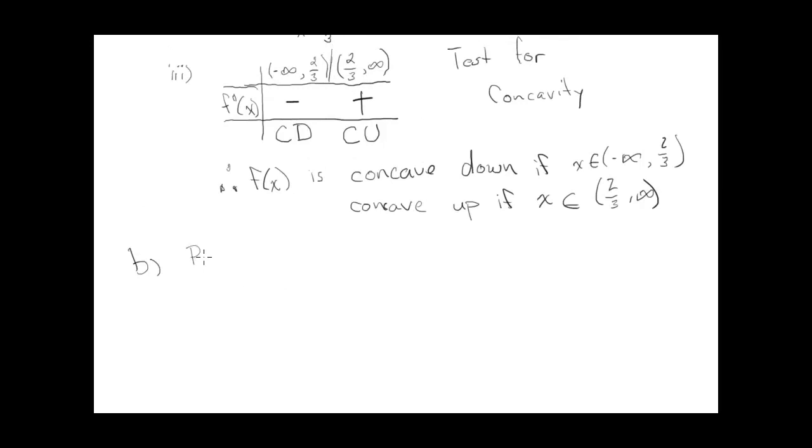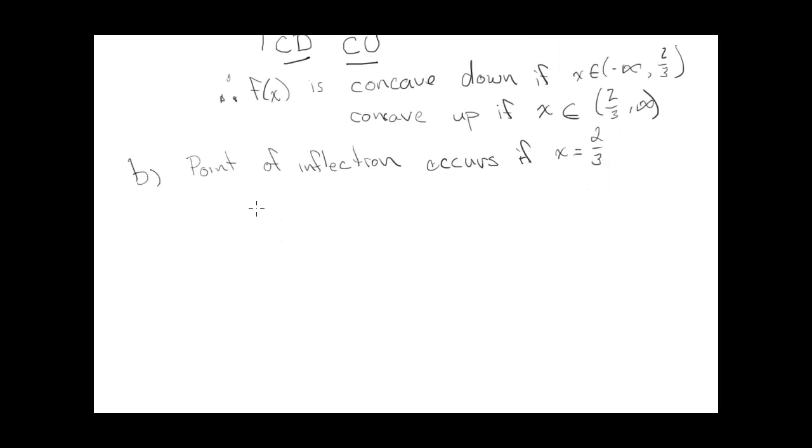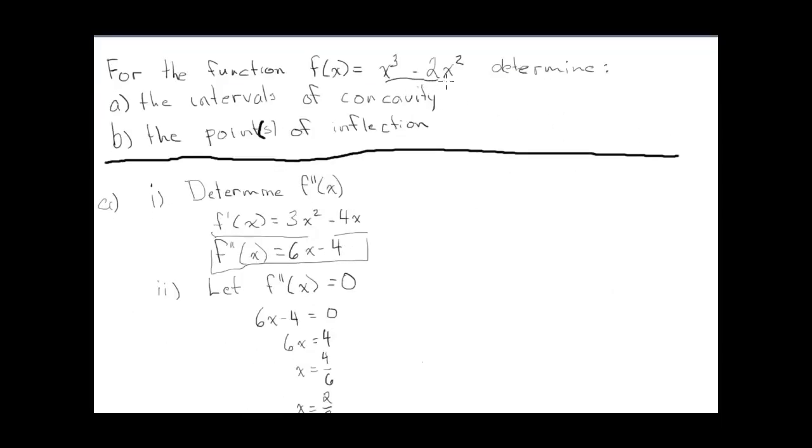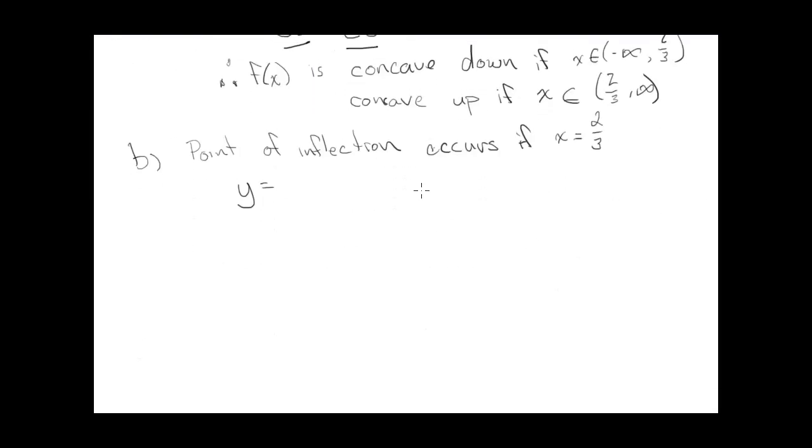So there is a point of inflection at x equals 2/3, and the reason that happens is because it changes from concave down to concave up. To get the point, we actually have to figure out the coordinates. So we need the y value. The way you get the y value is you go back to the original function, x cubed minus 2x squared.